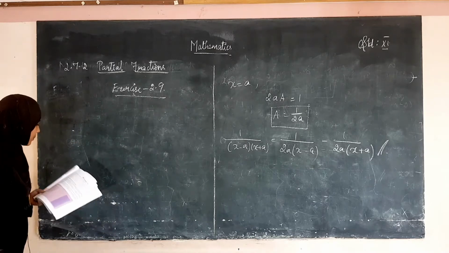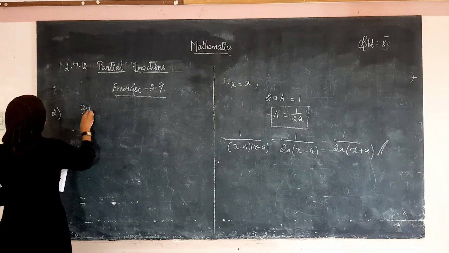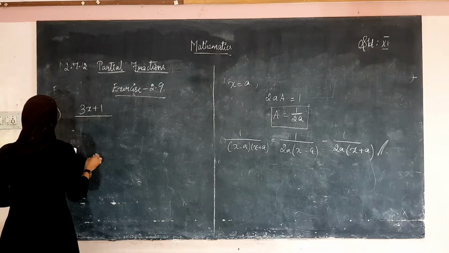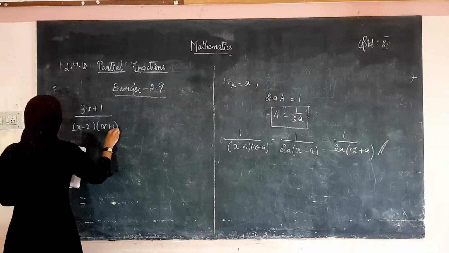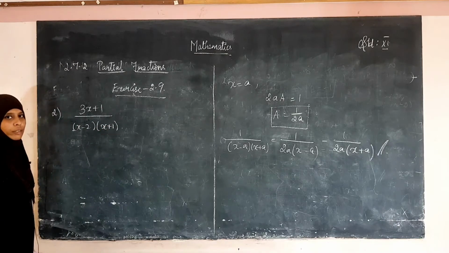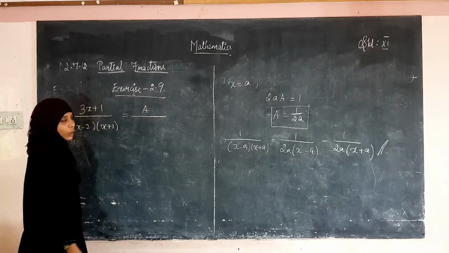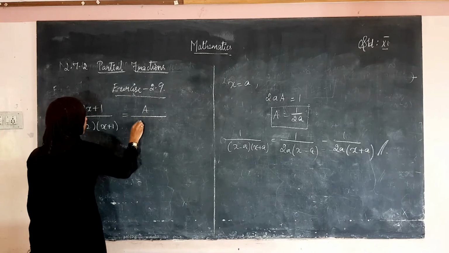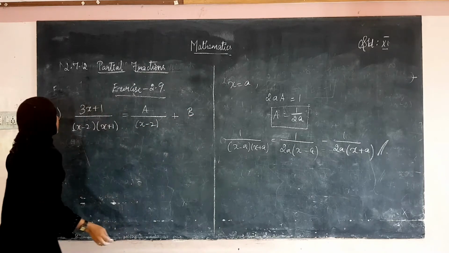What is the second sum? The second sum is 3x plus 1 divided by x minus 2 into x plus 1. It is already given in the form of factors, so we can resolve it. A divided by x minus 2 plus B divided by x plus 1.